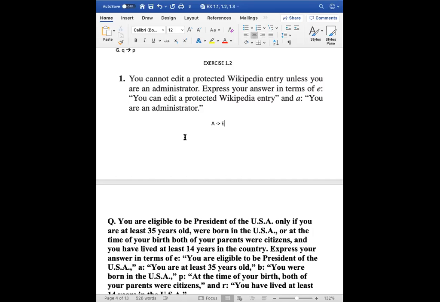So if you are an administrator, then you can edit a protected Wikipedia entry. So this basically is represented in this proposition statement.